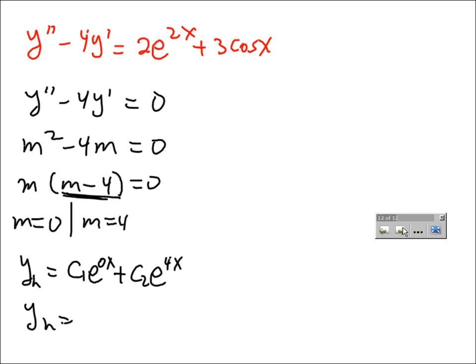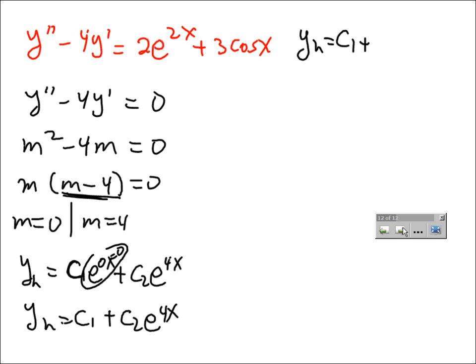And since 0 times x is 0, and e to the 0 is 1, C1 times 1 is just C1. That there is the homogeneous solution: C1 plus C2 times e to the 4x.